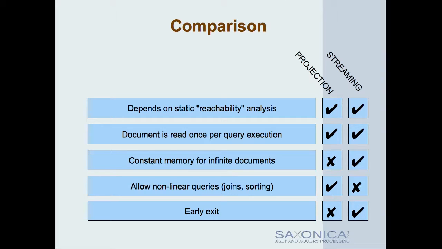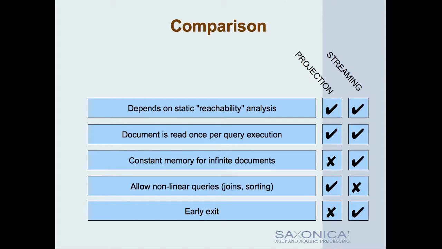Streaming gives you constant memory, even for infinite documents. So however big the document gets, you are never going to run out of memory. You can process streams of data from satellites or from telemetry using streaming. With projection, you're getting a linear reduction in the amount of memory, but at some stage you are still going to run out.